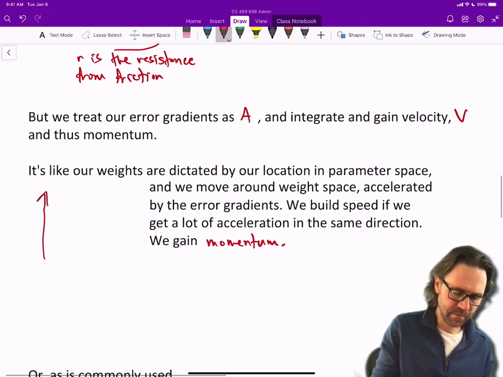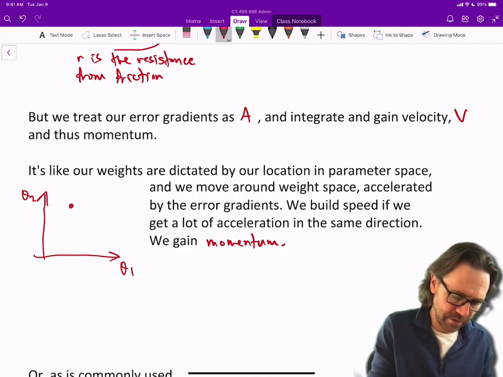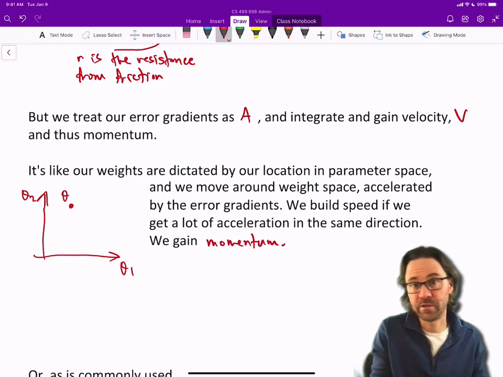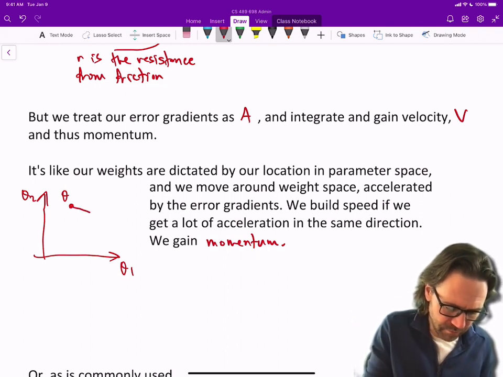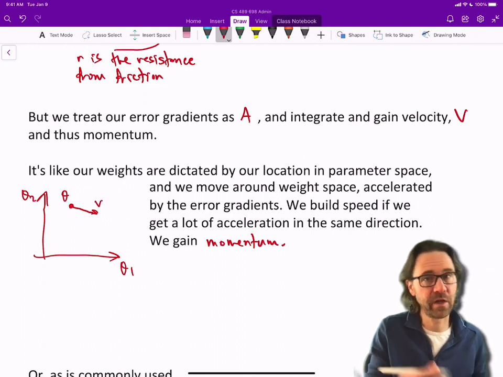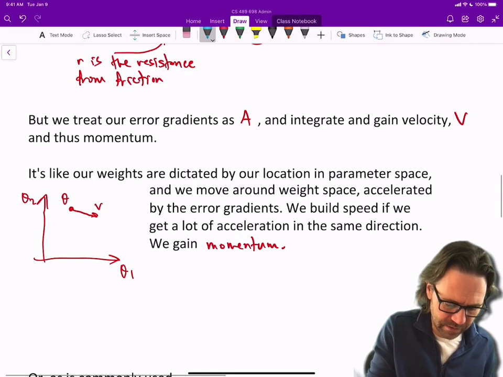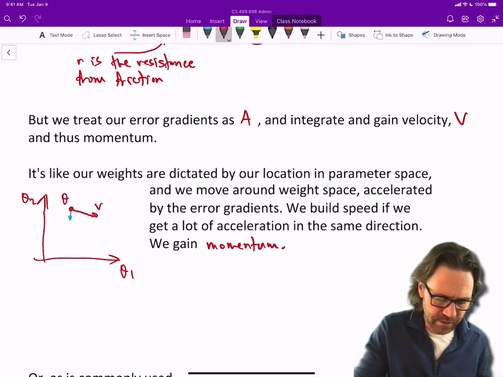So if we've got a couple axes here, theta 1 and theta 2, just a two-dimensional parameter space, we're somewhere here in our space, theta, or you might call it W because it's connection weights and biases, whatever. And at any given time, we might have a particular velocity v. But if we have acceleration pushing us in this direction, let's say, it's going to cause our next position to be over here.